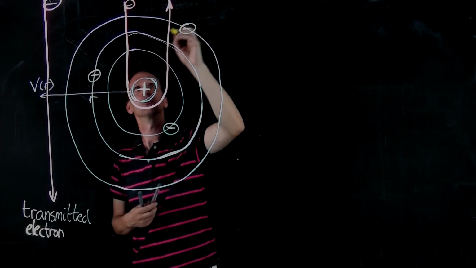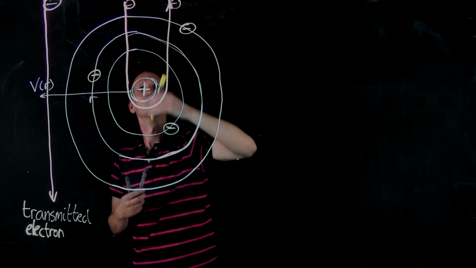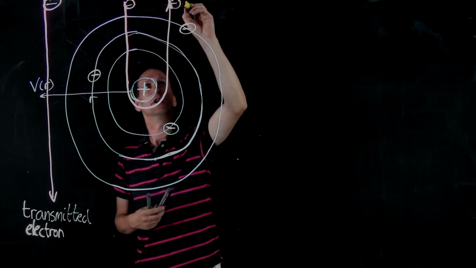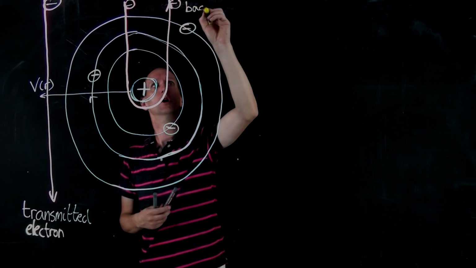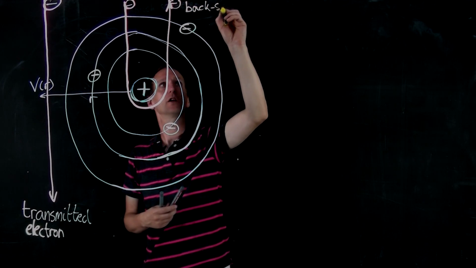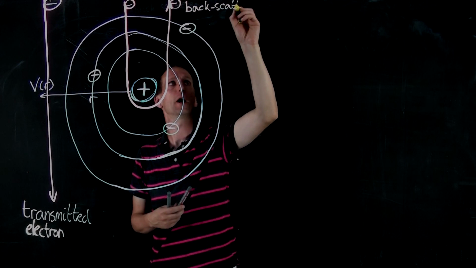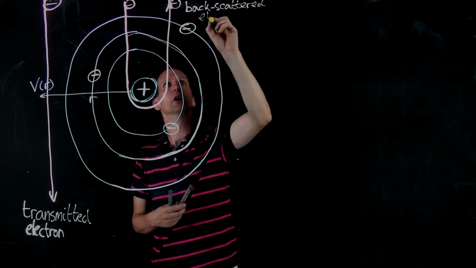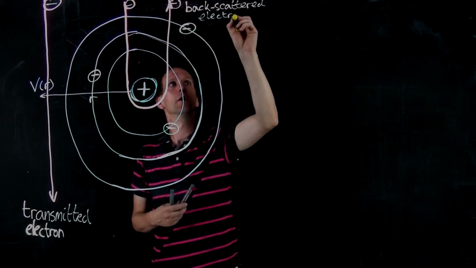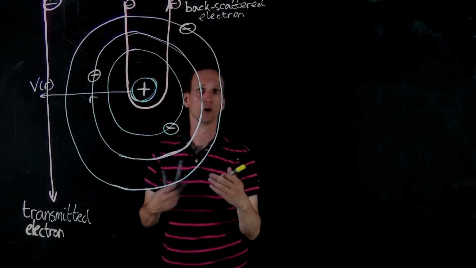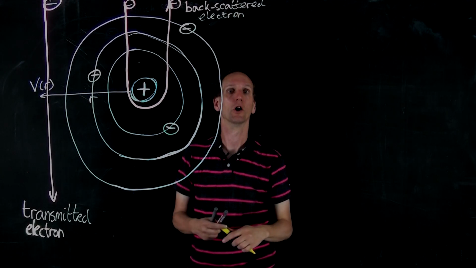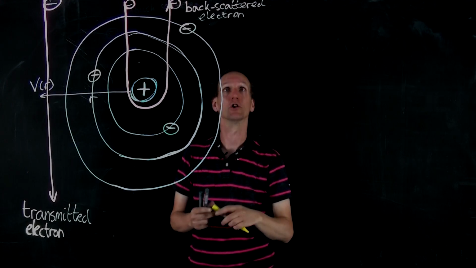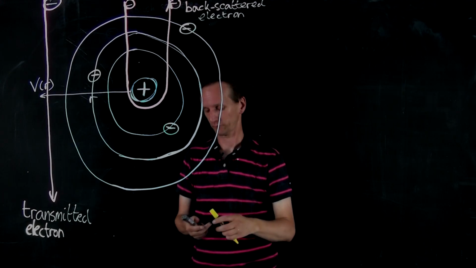So here we have the electron coming in, and then the electron comes out of the material here, and this is what we call a backscattered electron, as it travels back in the direction of the primary electron beam. And backscattered electrons, we'll see, also constitute a type of signal in an electron microscope.